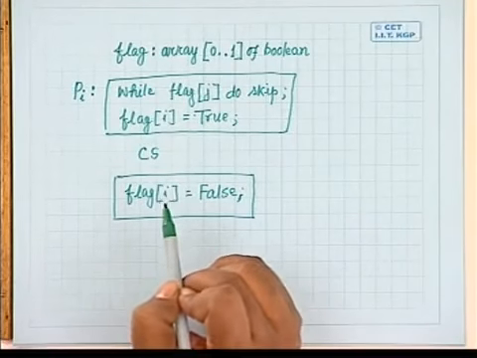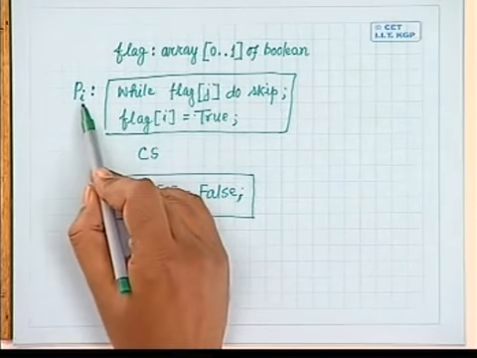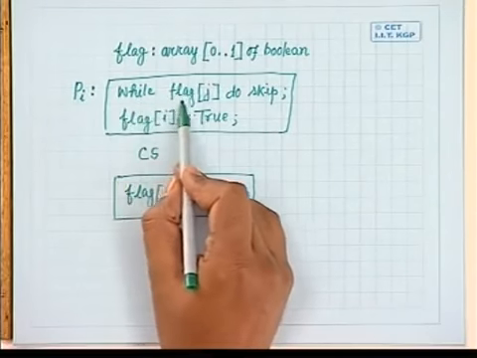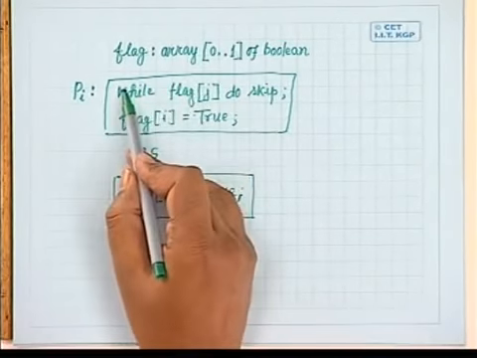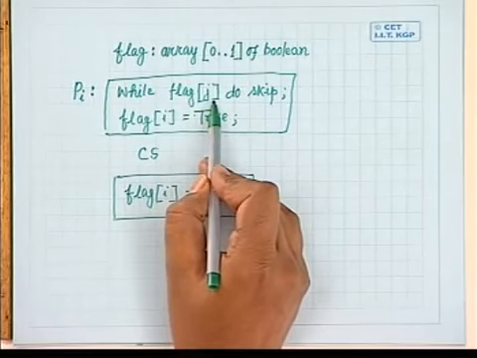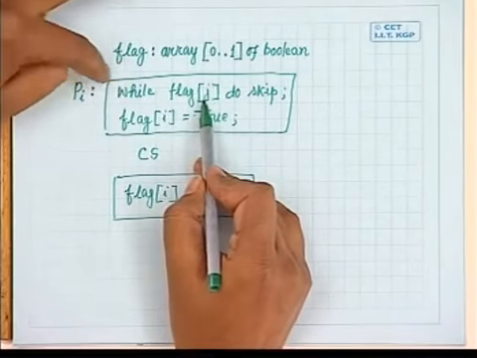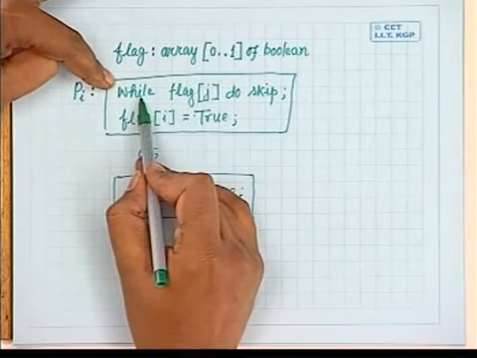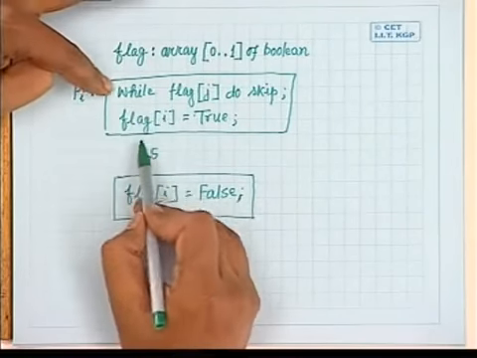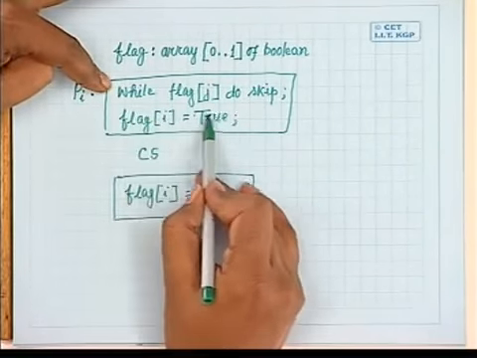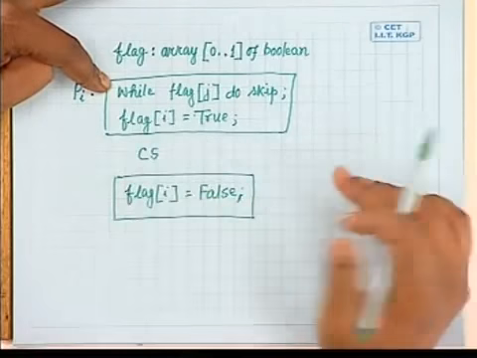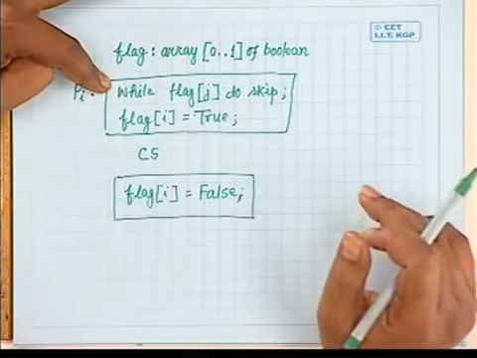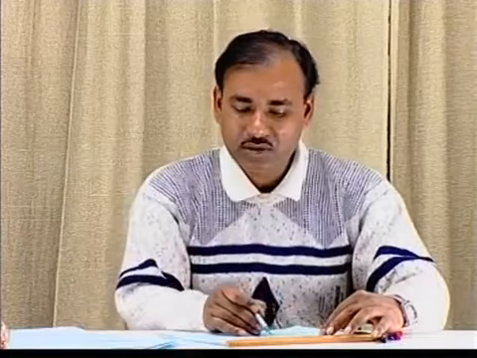Now if the situation is something like this: process Pi has executed this while statement and finds flag j is false, so the while loop will be broken. But the ith process has not yet executed flag i equal to true. In between, I have the preemption of process Pi, and process Pj executes the corresponding while statement.